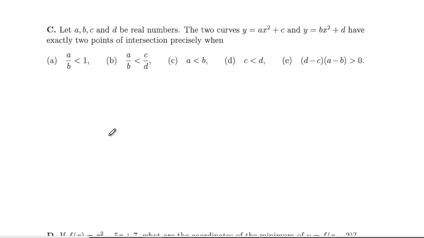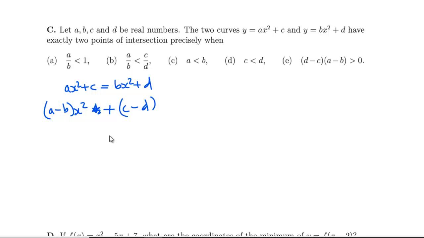And C. Let A, B, C, and D be real numbers. 2 curves have exactly 2 points of intersection when. So we've got ax squared plus c is equal to bx squared plus d. A minus b x squared is equal to, well, actually, let's leave it as plus c minus d.